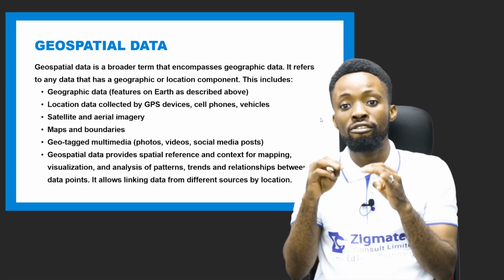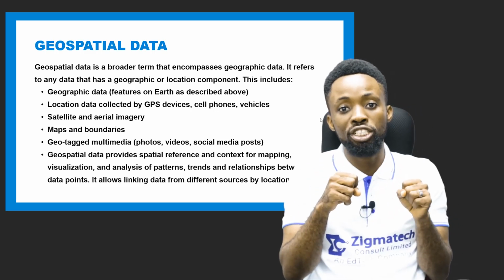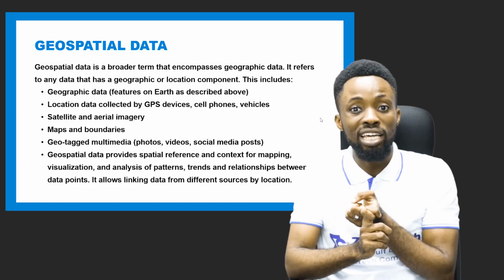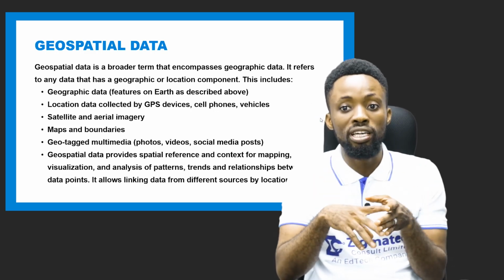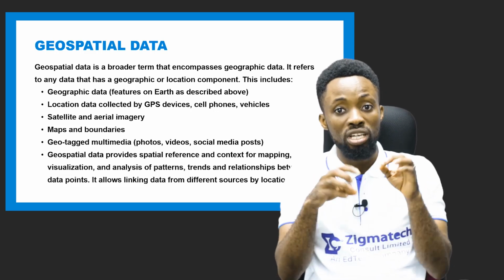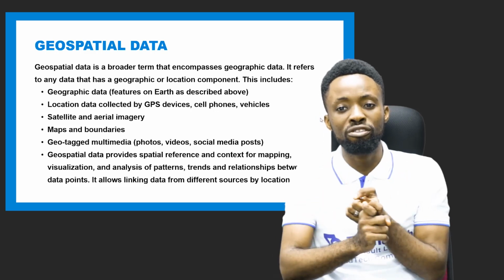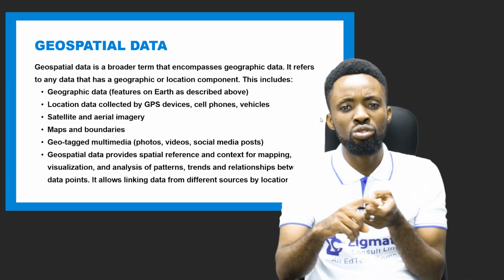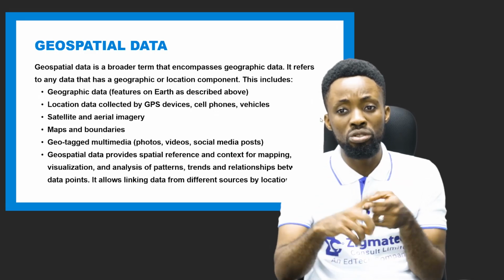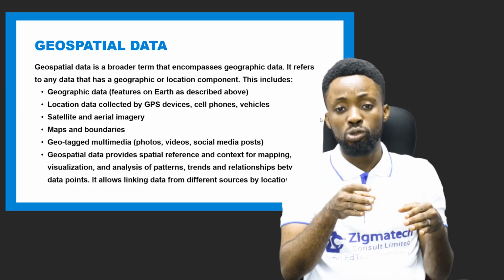And also we have location data collected by GPS devices. We have satellite images and aerial images. These are also geospatial data. We have maps and boundaries. These are geospatial data. We have geotagged multimedia, like social media posts, photos and videos. They all fall under geospatial data.